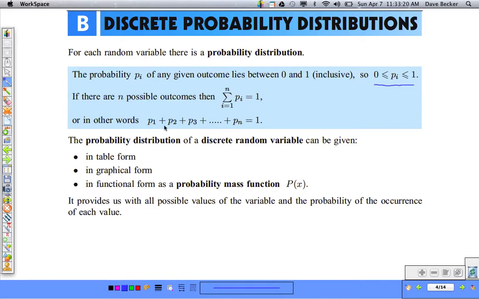In other words, each of the probabilities must add up to 1. We can show this as a table, as a graph, or as a function. Don't get confused by this probability mass function. It's just a function, p of x.